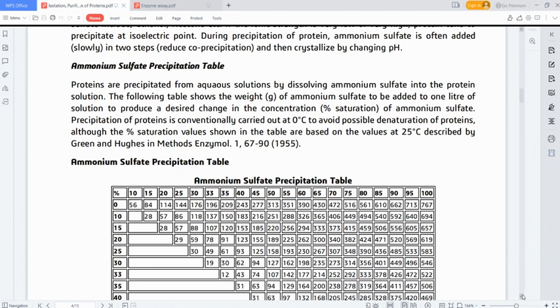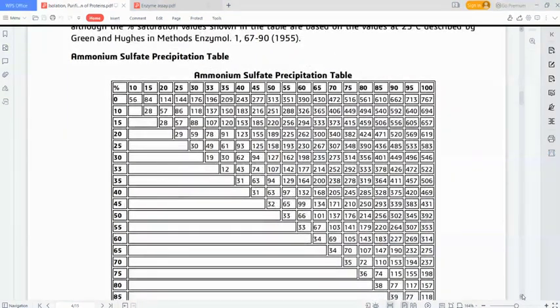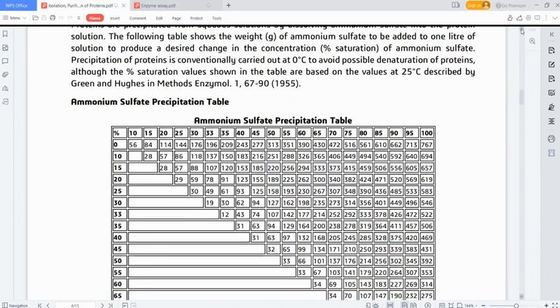Normally, like I said, because our proteins are denatured by heat, we normally work at cold temperatures, and ammonium sulfate dissolves very well in a cold environment. Okay, now the values we have here say the grams of ammonium sulfate that you dissolve in 1000 mils, that is 1 liter, of your protein.